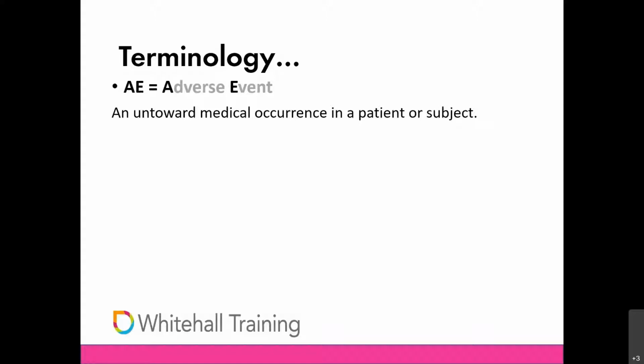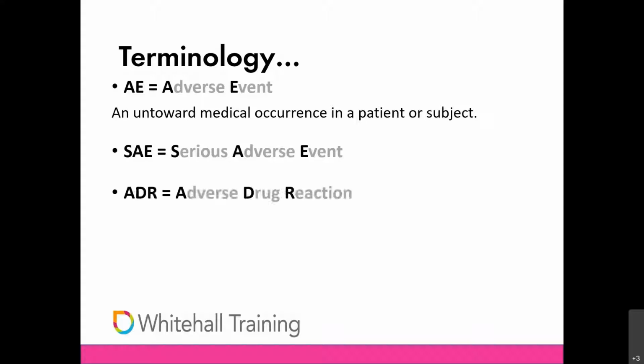Now, in pharmacovigilance, the concept of seriousness is quite important. Therefore, you can have an SAE, which is a serious adverse event. I'll talk a little bit about how things are classified as serious or non-serious a little bit later. So, an adverse drug reaction, this is where you have a response to a product that's noxious and unintended.